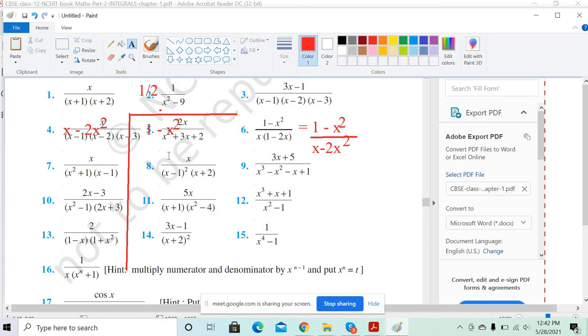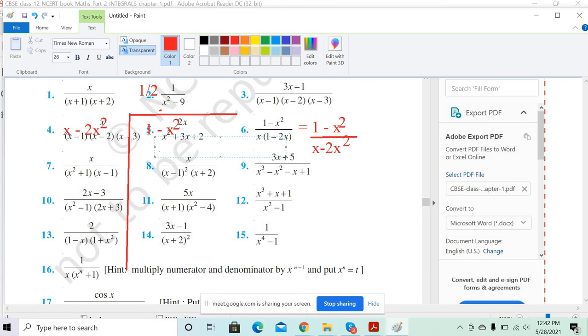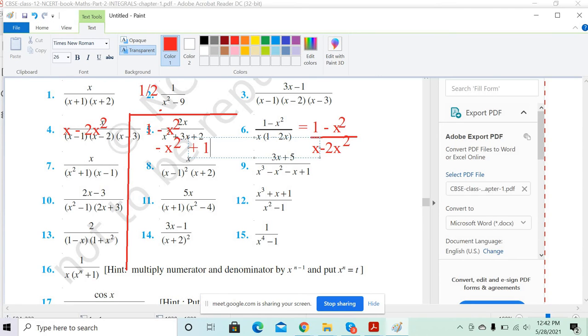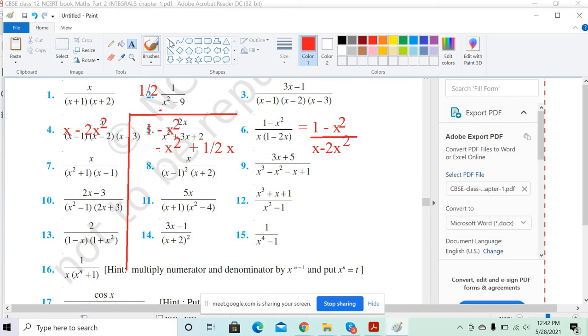So minus x square comes here, correct? Half into x is half x. There is no x on the top, so we will keep it on the side only. Half x, isn't it? Is it okay? Yes, sir.